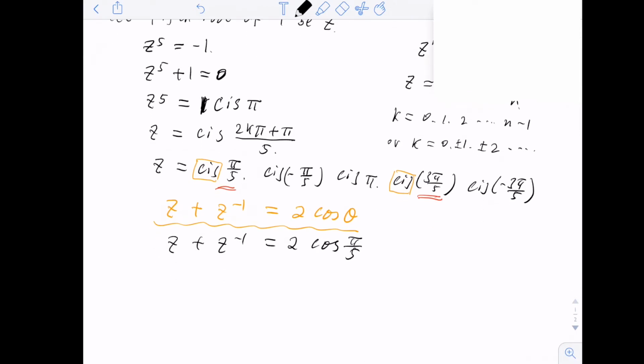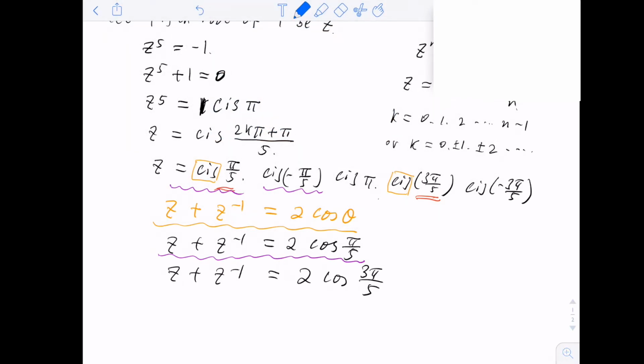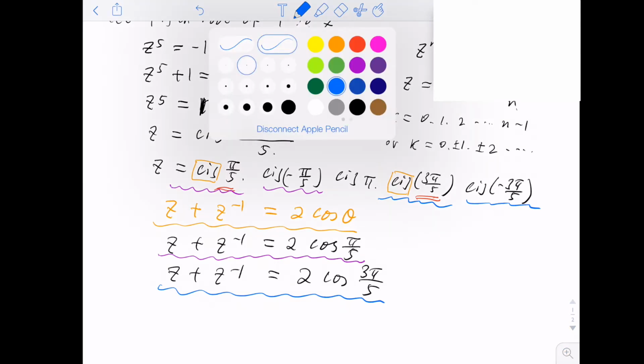And also z plus z to the power of -1 equals 2 cos 3 pi on 5. To get these two sentences, I used this set and this set together to get this sentence, and also this set and this set together to get this sentence. So this allows me to get cos instead of cis.